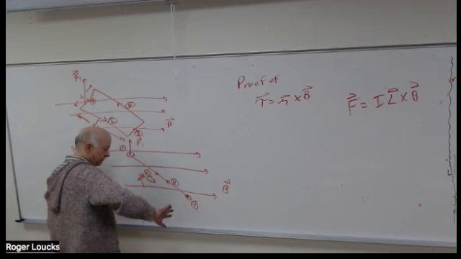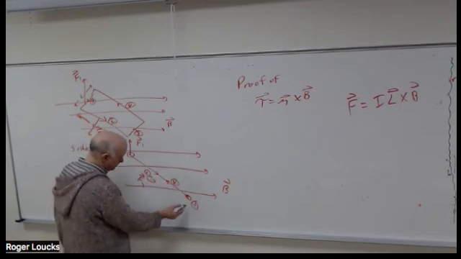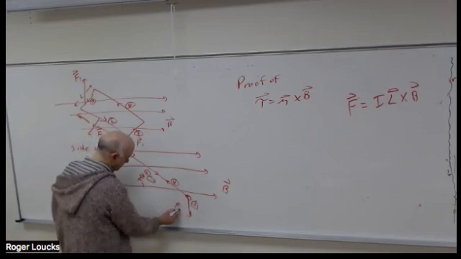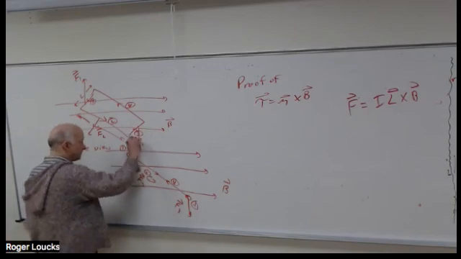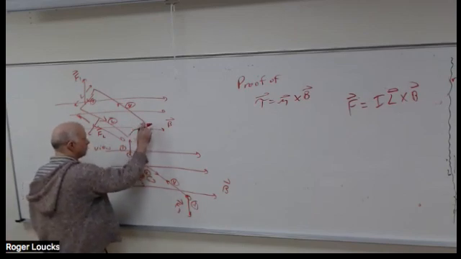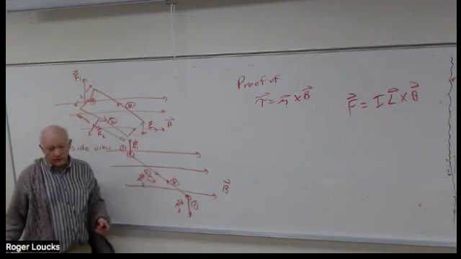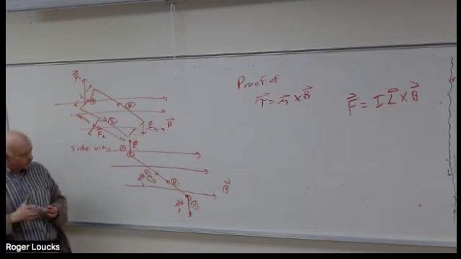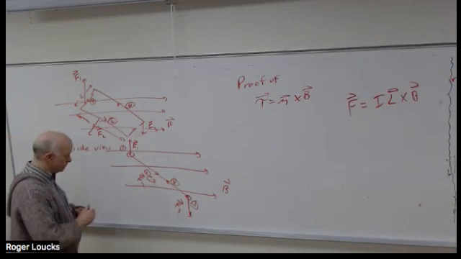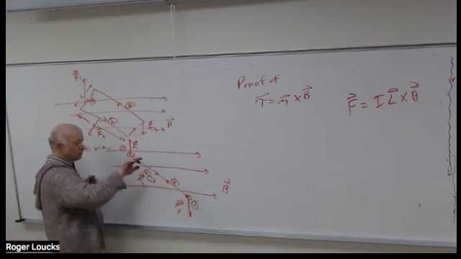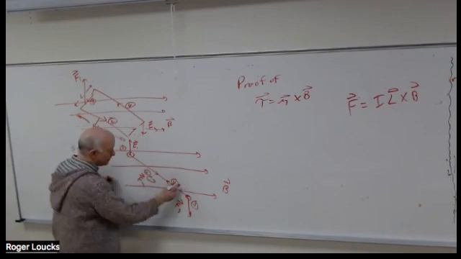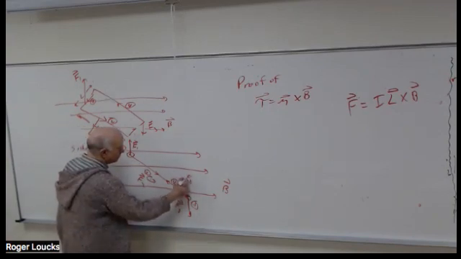Current's going in like that, so L cross into B. This is F3. Tell me about my side 4. L cross into B. That guy's like this.